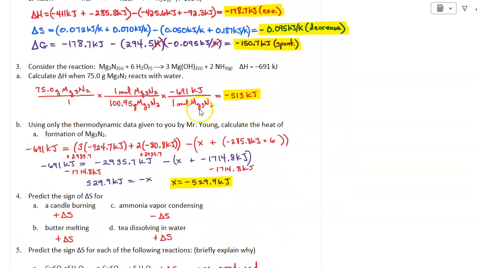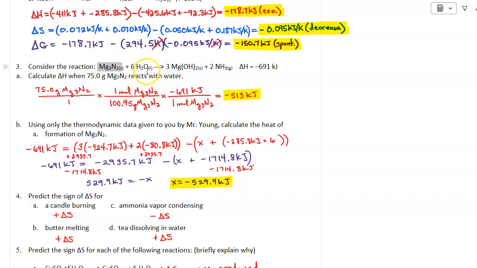All right. Next up, number three, this was just a stoichiometry problem. You obviously know how to go from grams to moles, and then just understand that the delta H being negative 691, the 691 kilojoules that this reaction releases, is per 1 mole of magnesium nitride.